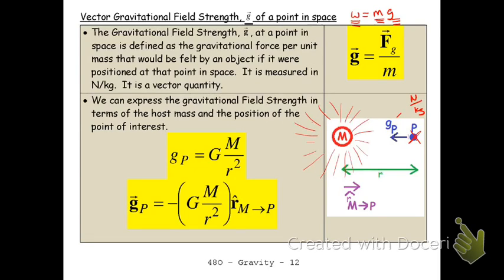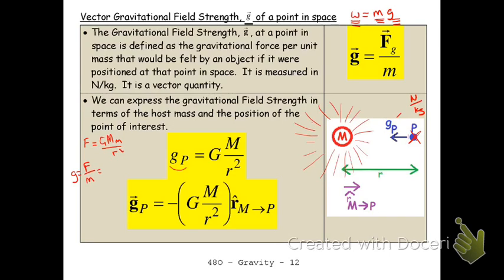So then I can say, well, hold on. Magnitude-wise, my field is equal to big G times M over r squared. Where did that come from? We said our force was equal to big G, big M, little m over r squared. And I said my field is equal to my force over the mass that's in the field.